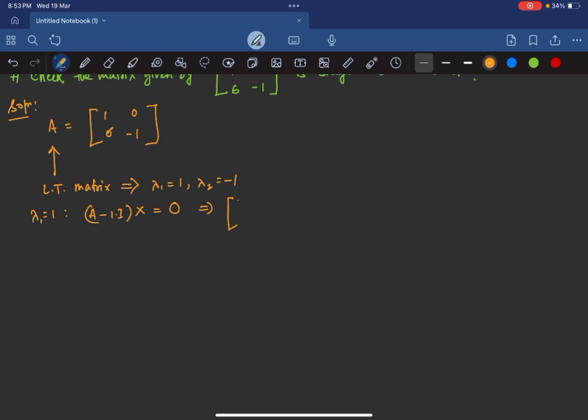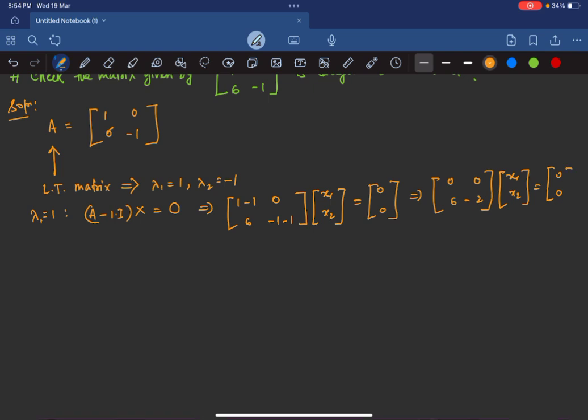So here we have 1 minus 1, 0, 6, minus 1 minus 1, here x is x1 x2, here we have 0 0. So from here you can write 0 0, 6 minus 2, x1 x2, here we have 0 0.